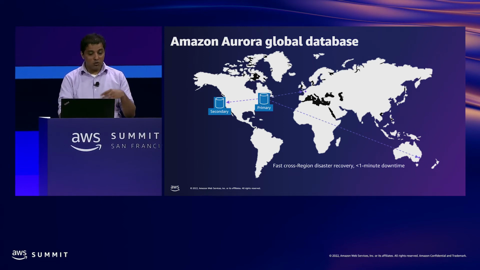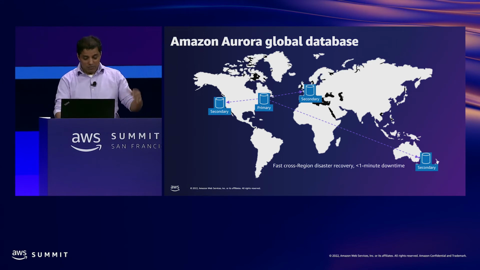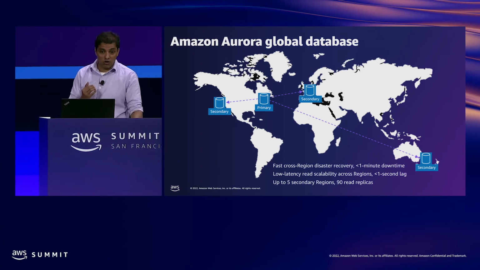More importantly, Global Database supports up to 5 regions, and each region can have up to 16 nodes. So you have pretty good read scalability, and with the 5 regions, you can have up to 90 read replicas. Now, another important thing to notice here is the way the replication works in Aurora Global Database.